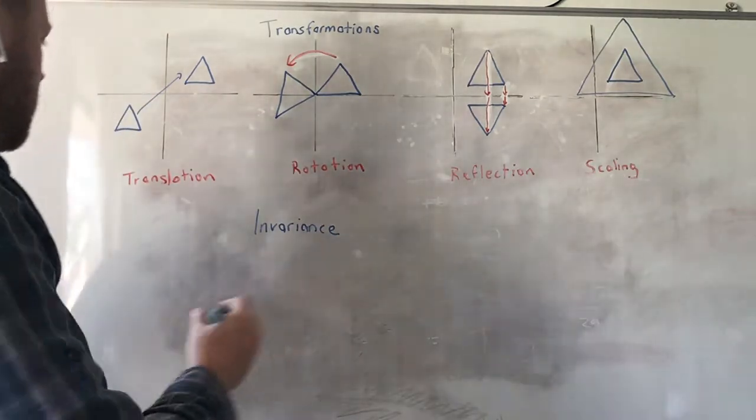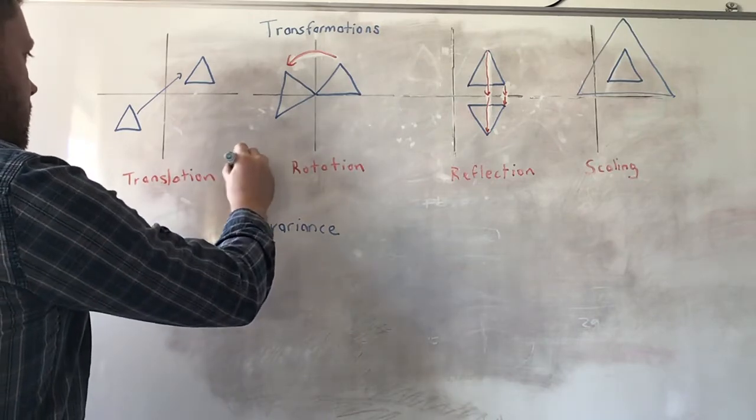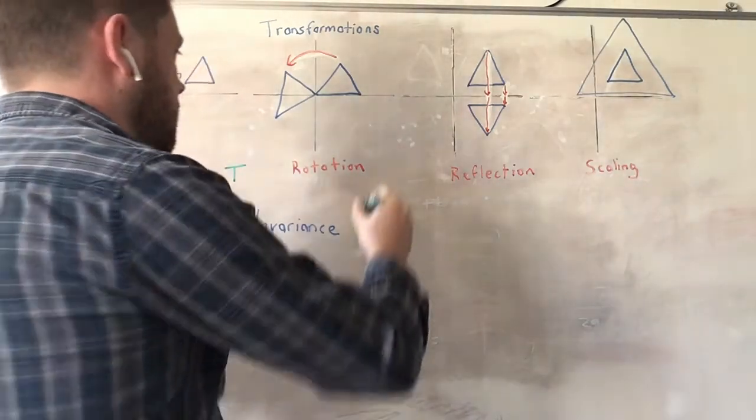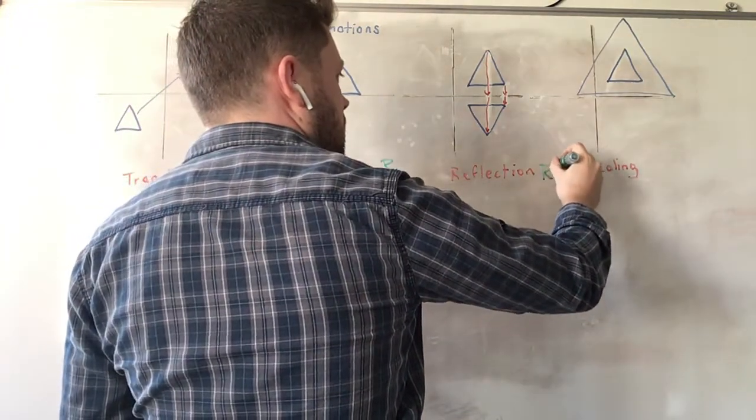One thing you can think of is, if you look at translation, we'll give this the symbol T. Rotation will give the symbol R. Reflection will give the symbol RF.